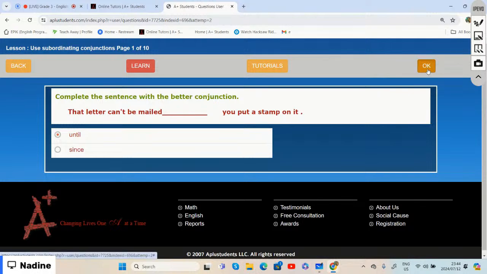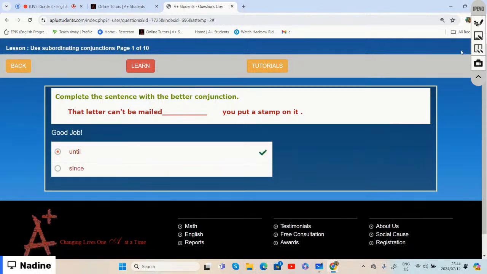So until is option one. Yes, and option one is correct.